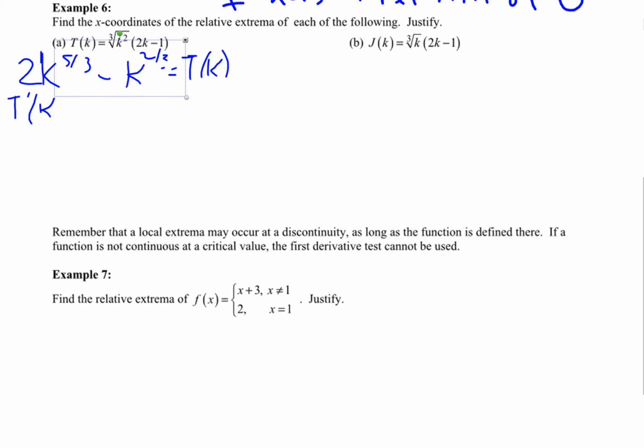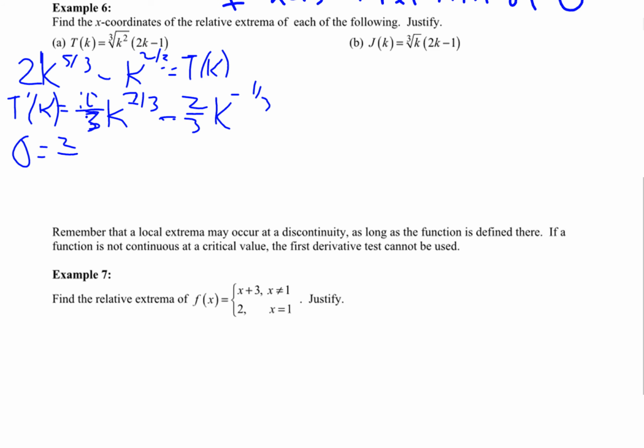T prime of k would be 10/3 k to the 2/3 minus 2/3 k to the negative 1/3. It might be hard to find critical values that way, so I'm going to factor least powers out.